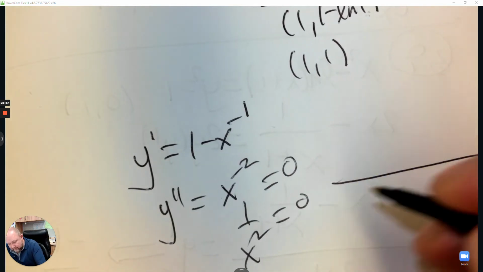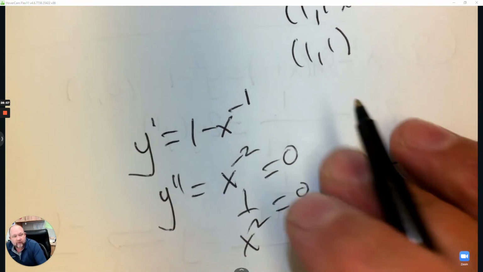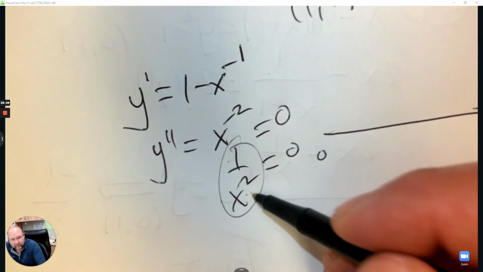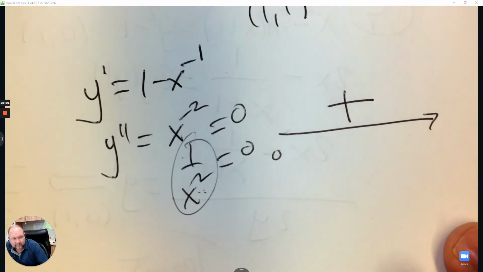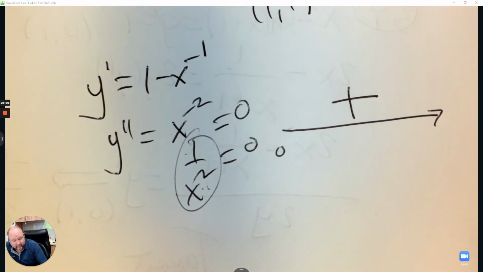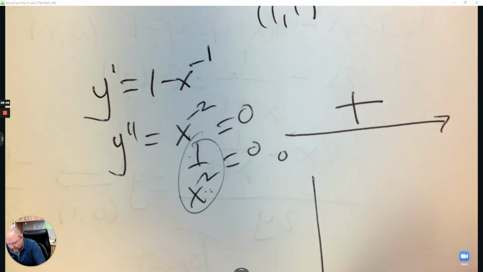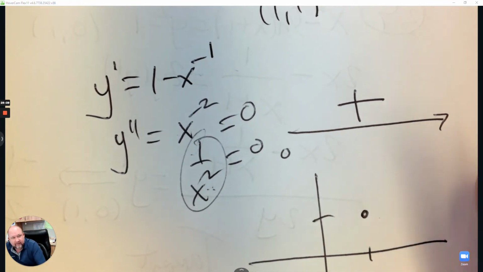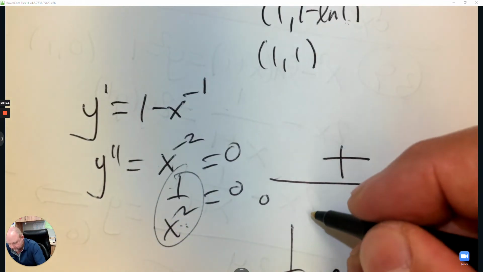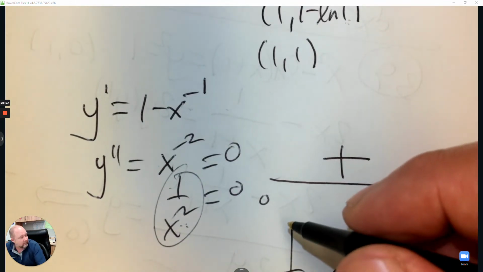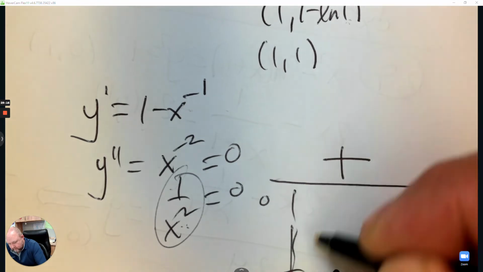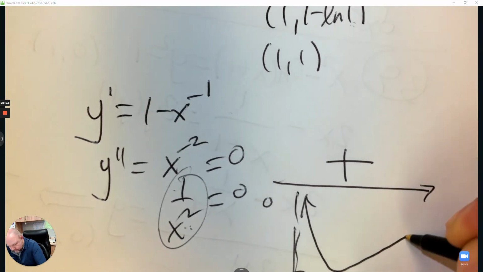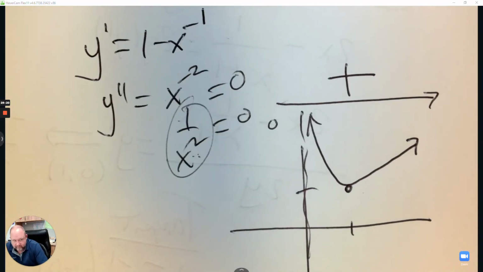If I did a number line, no matter what number I put in, the answer is always positive. So it's concave up through the whole thing. If I graph this, I'd find (1, 1), that's the minimum. And there's the graph.